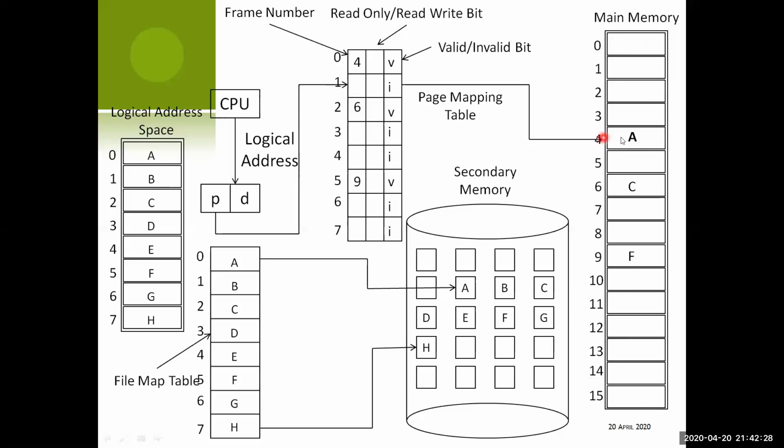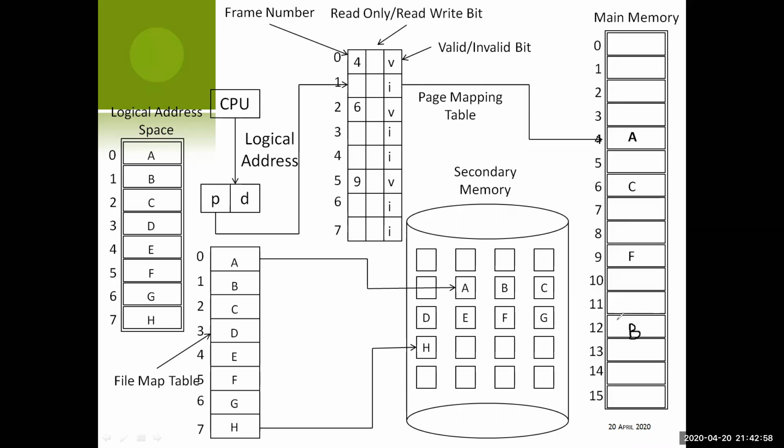If there is a free frame, then it will load the content of page B into a frame that is free in the main memory. Suppose it has loaded page B in frame number 12 here. So B is loaded into the main memory at frame number 12.